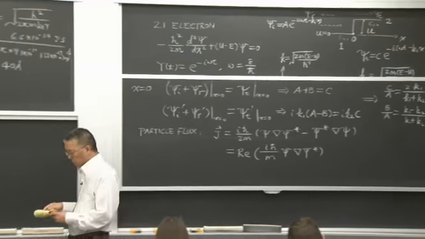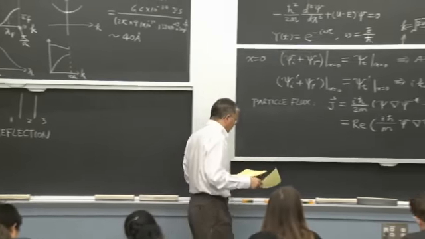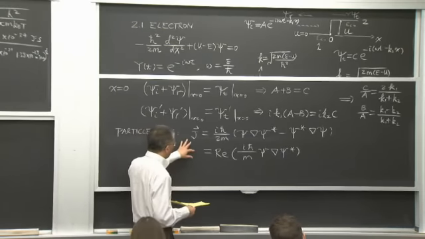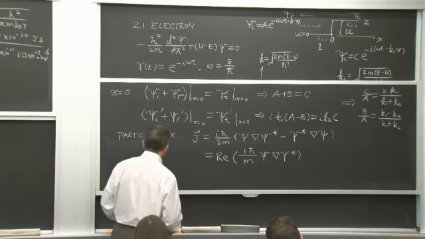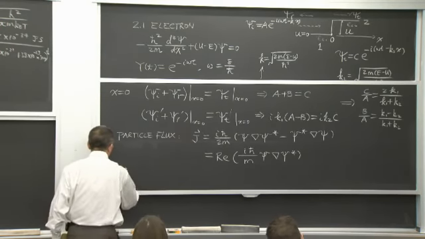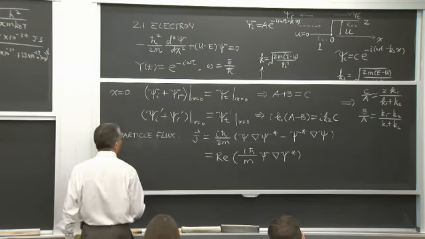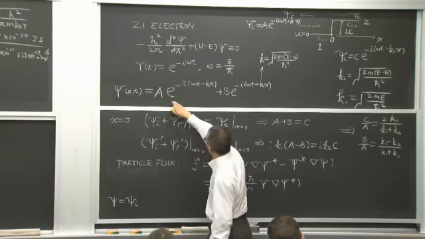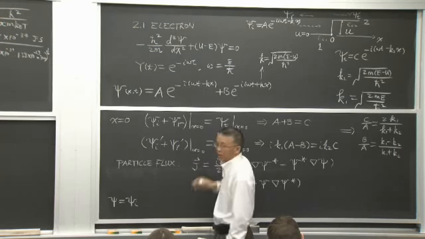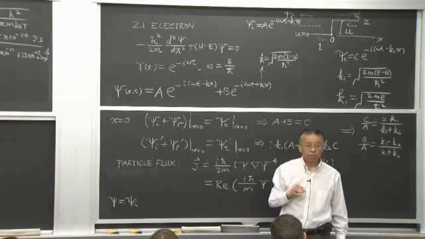Now I'm going to plug in. For example, if my psi is psi_I, that's A exponential minus i omega t minus k x.